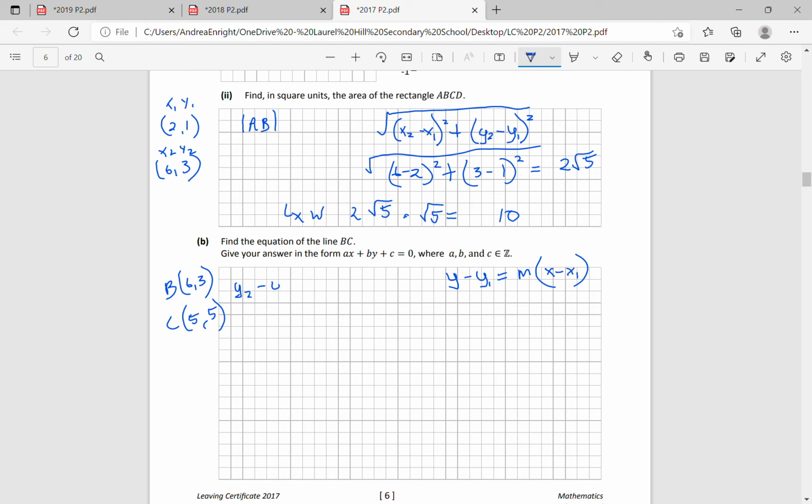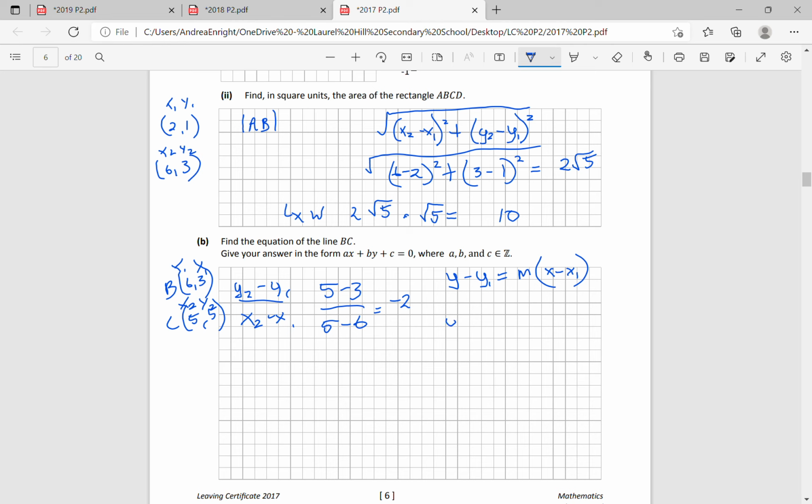So slope is y2 minus y1 all over x2 minus x1. So x1, y1, x2, y2, fill in. It's 5 minus 3 all over 5 minus 6. Into the calculator with that, that'll be minus 2.